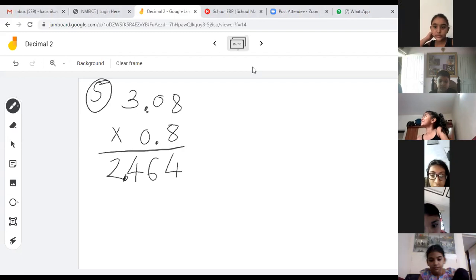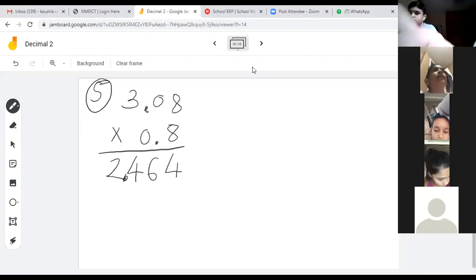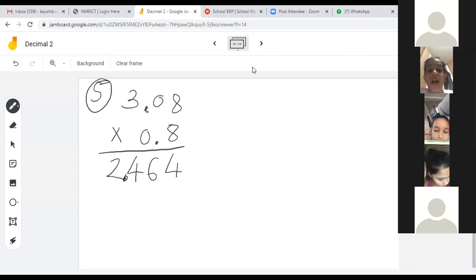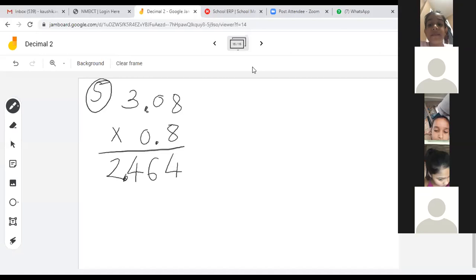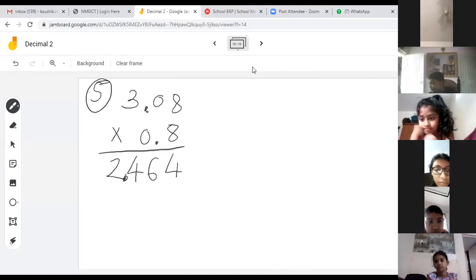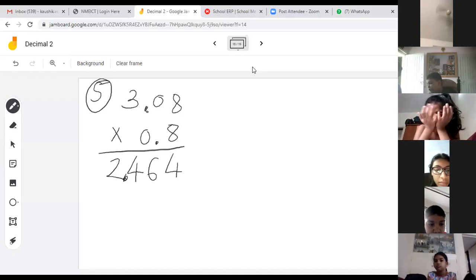Any more questions? Does anyone have a question now? I don't think so, because initially it looks like, okay, this is too much. Multiplication is a bit difficult. But if you remember, it is very easy. How is it easy? Do the multiplication without the decimal, right?